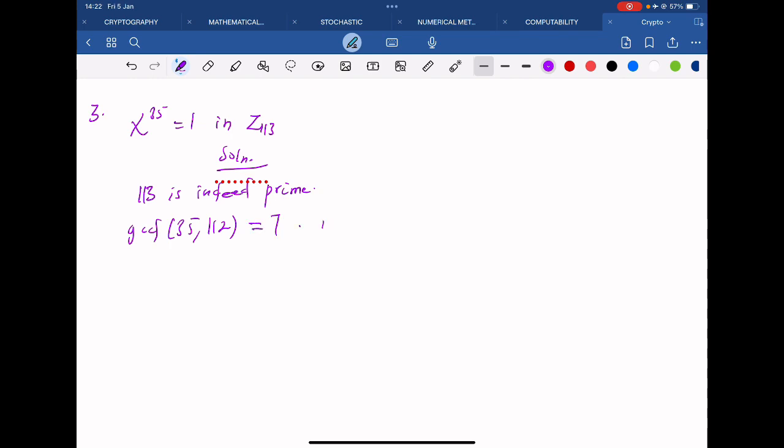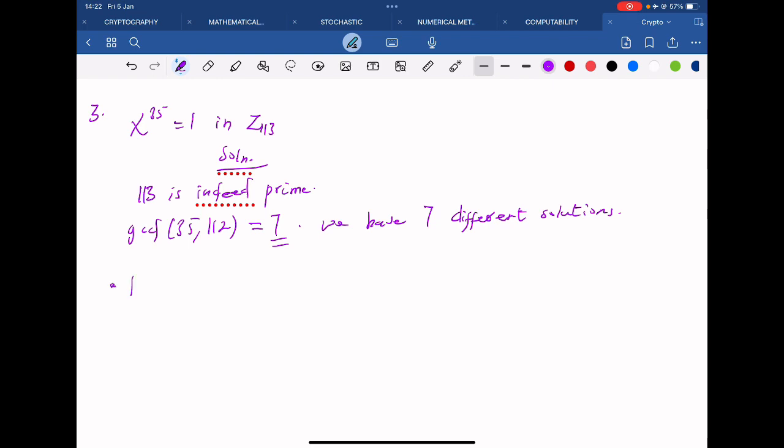So we have 7 different solutions. Note that over here, this 7 is not an even number, so we can't use the Lagrange theorem. Okay, now if we can't use the Lagrange theorem, let's go to the next step.